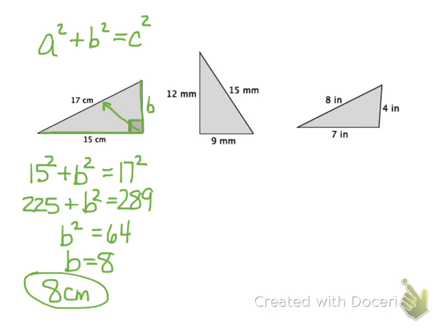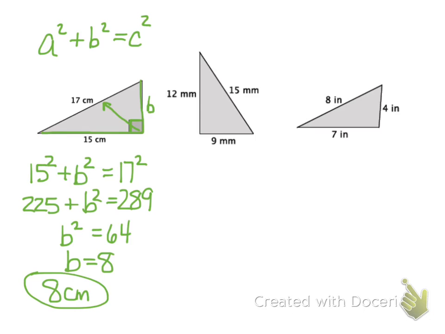Okay, so let's look at the next one. This next one doesn't have a missing side length. So what is there to find out about this triangle? Well, neither of these two are marked as right triangles, and so we can't assume that they are, but we can use the Pythagorean Theorem to check.